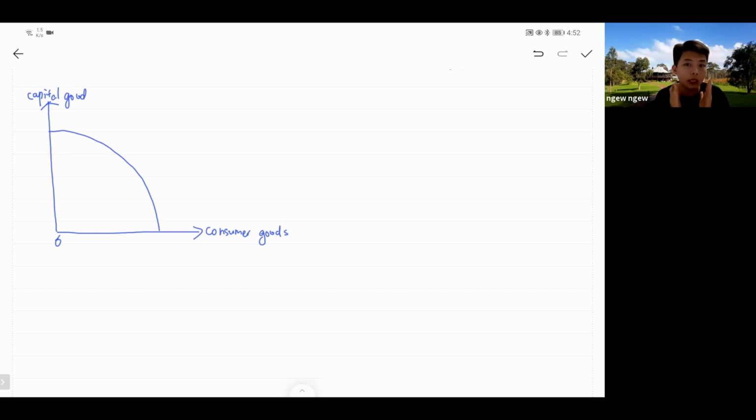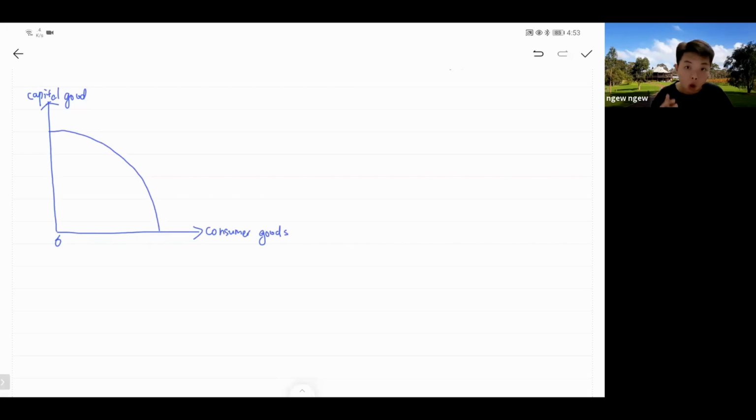Now, there's one important point that we all need to take note of while learning PPC. When you are given a PPC curve like what you see on the screen, without any point given, you can't tell what is the actual situation in the country or what is the actual output of the firms.